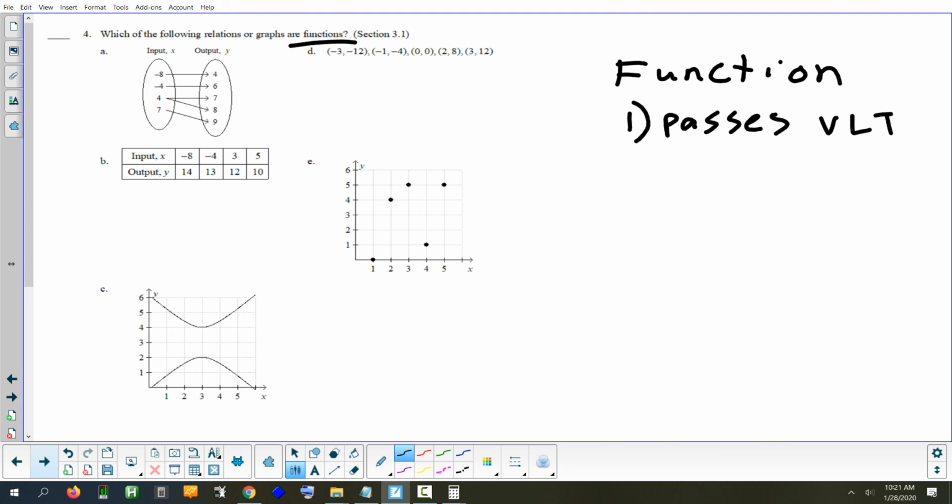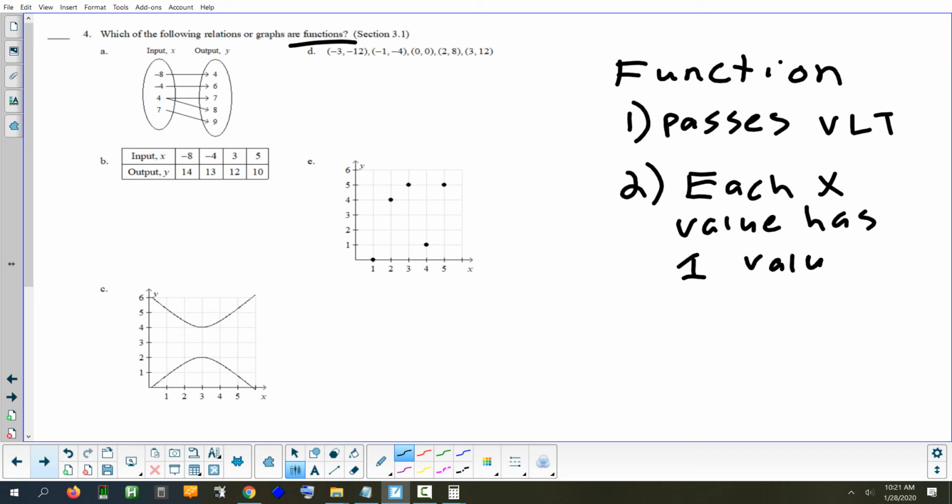That will only work if you have a picture. The second thing you can check for: each x value has one y value. That'll work if you're given a table, a diagram with arrows, or a set of coordinates. So we need to use both of those.